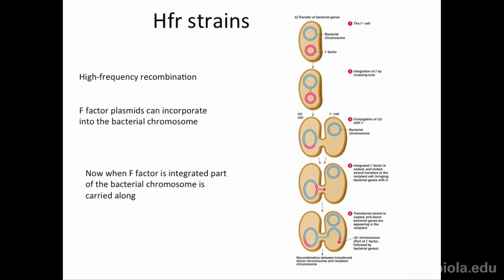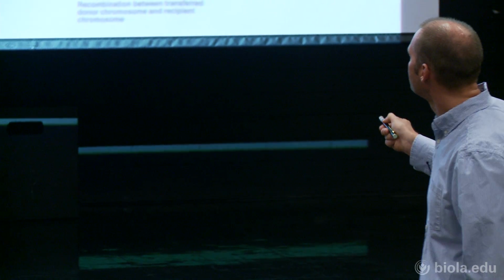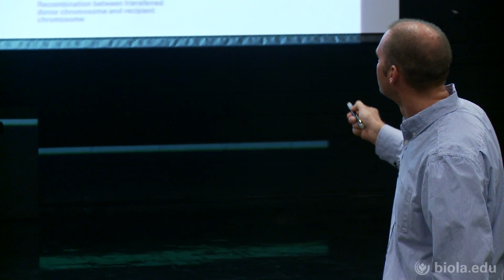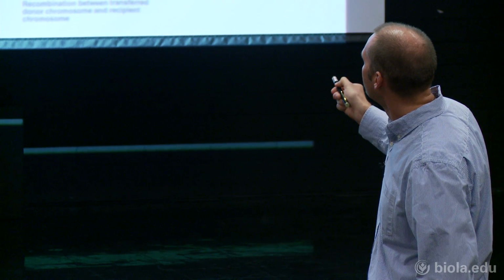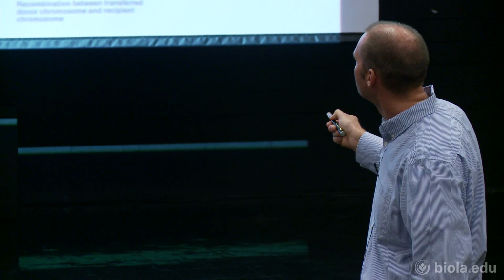Now, the reason this is interesting is because if this guy has an F plasmid inserted into its genome, basically the bacteria think that the entire genome is the F factor. So this is a recombinant individual, right? It had an F factor, but that F factor recombined into its genome.